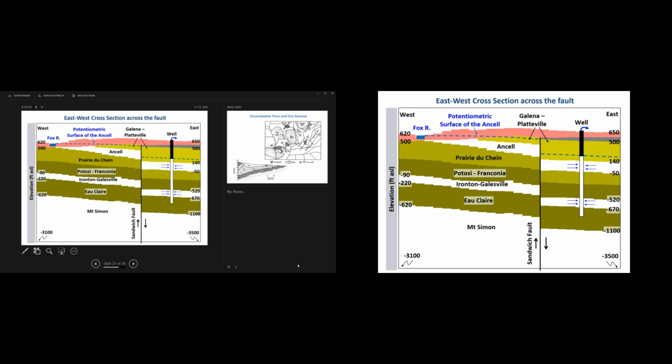But if you have a fault and your model layer, say this is model layer 5, and then this is model layer 5, this is the geometry that you put in, but the model doesn't know that. So the model can have flow going out this space and coming in this space. The flow budget is dependent on the model layers, not necessarily the geometry.